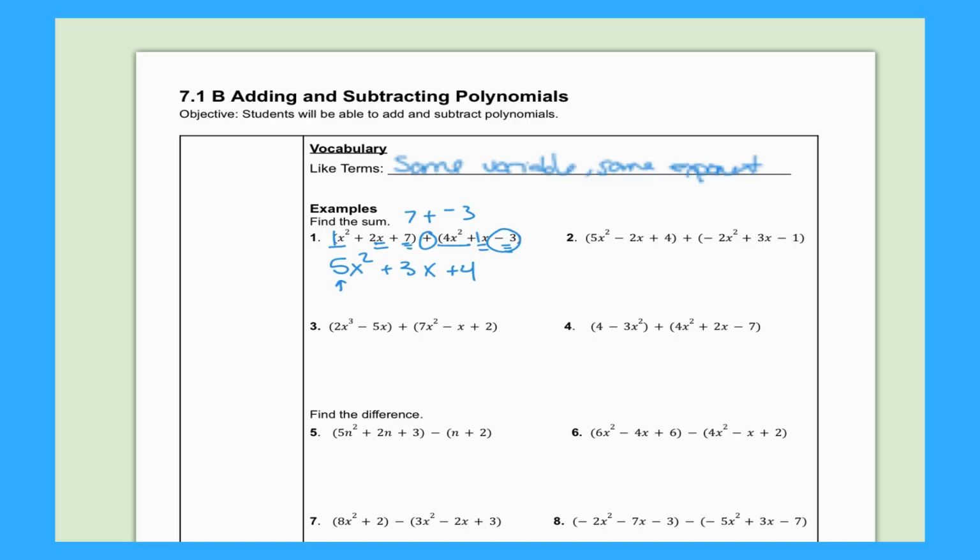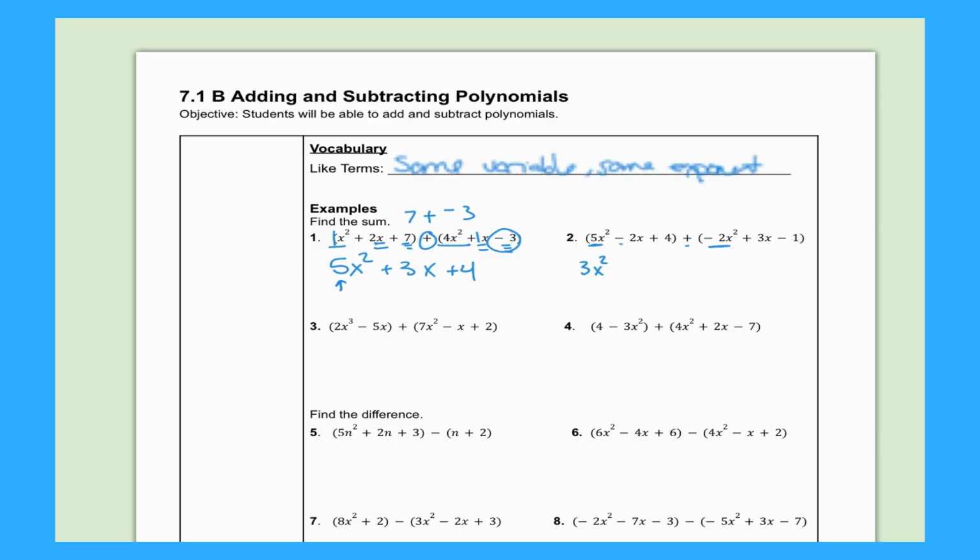Number 2, again, we're adding, so I'm just going to look for which ones have the same variable, same exponent. It's easiest if you just start with the biggest exponent first and go down. That way it's already going to be written in standard form. So I have a 5x squared plus a negative 2x squared. That's going to make 3x squared.